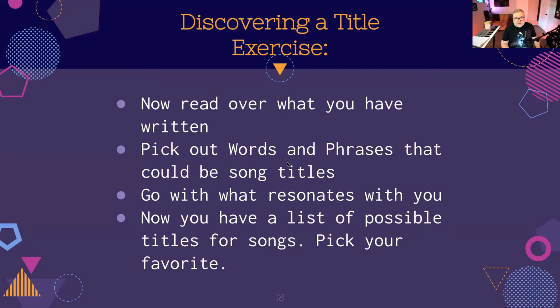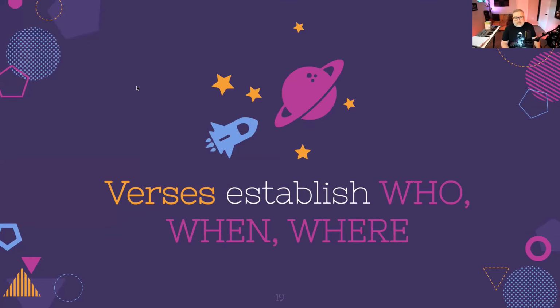Yeah, so now I'd like you to pick one of those titles, and the next step in this process is, once you have a title, then you can start to use object writing to develop material for the song.